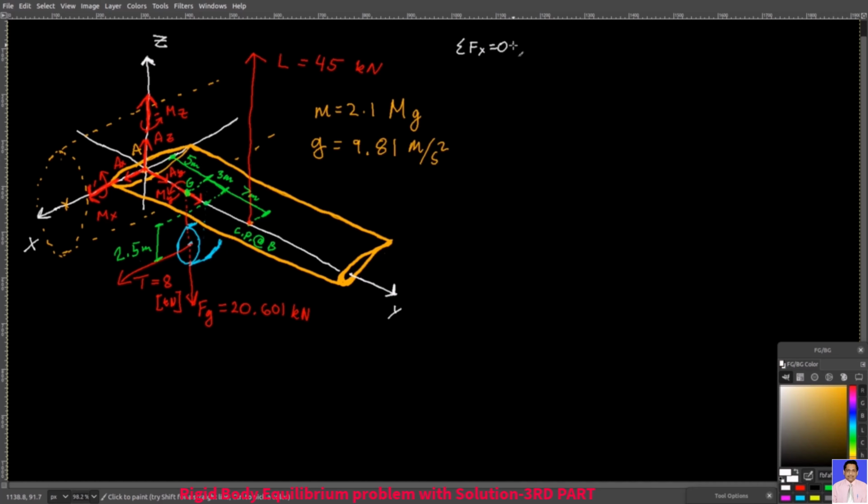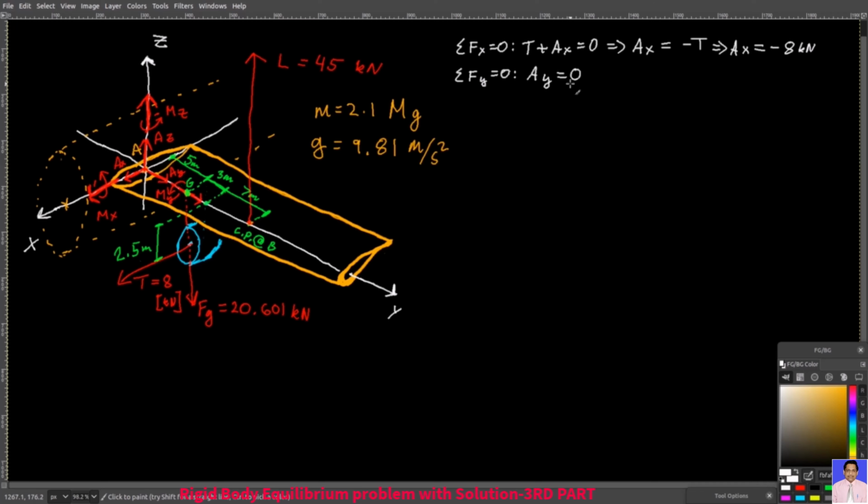Let's start with all the forces in the x direction. That's your equation. In other words, Ax equals minus thrust. So Ax equals minus 8 kilonewtons. Ax is negative, so in reality, it's opposite in direction. Then let's do all the forces in the y direction. So you have Ay equals 0.